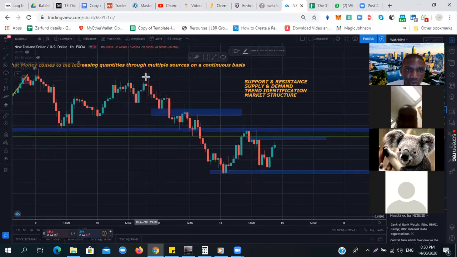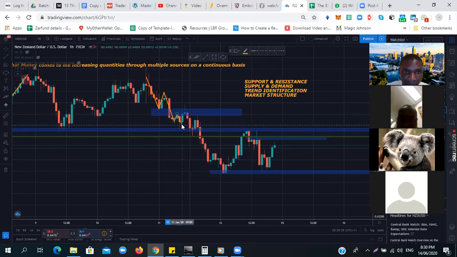Okay, so we see that price moved from this top to this point, right? Then it pulled back. Then it moved down again. Then it pulled back. Then it came down.